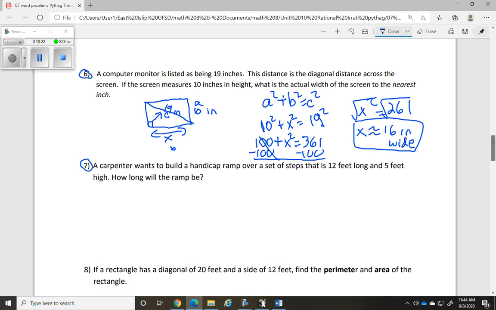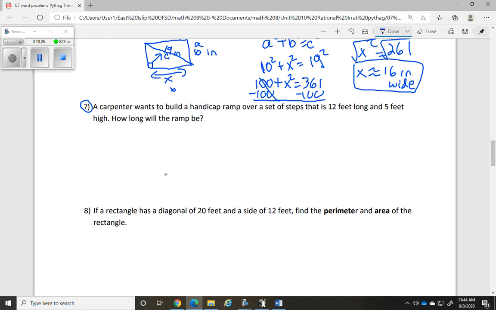Number 7. A carpenter wants to build a handicap ramp over a set of steps that's 12 feet long and 5 feet high. How long will the ramp be? So this wording can sometimes be a little confusing, right? Maybe there's a house that has stairs that go up to the door, right?